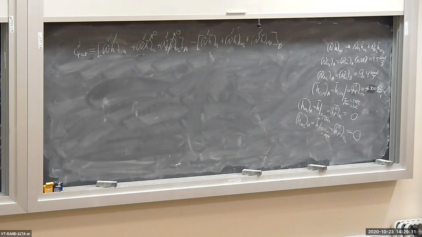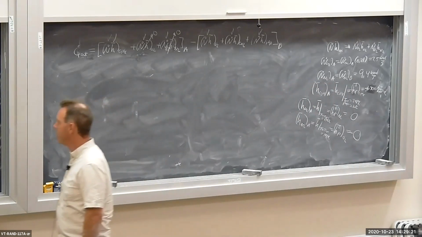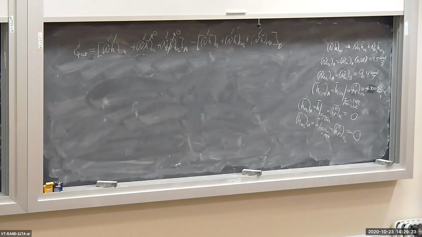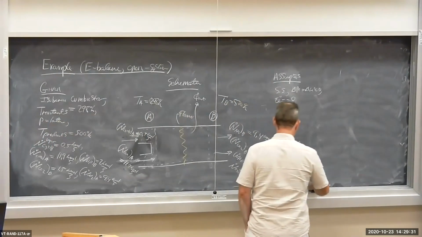All right, let's find some of these other enthalpies, H bars. I need a little bit more room here, so I'm going to move over to the other board. You just remember what we're looking for, which is Q dot out.